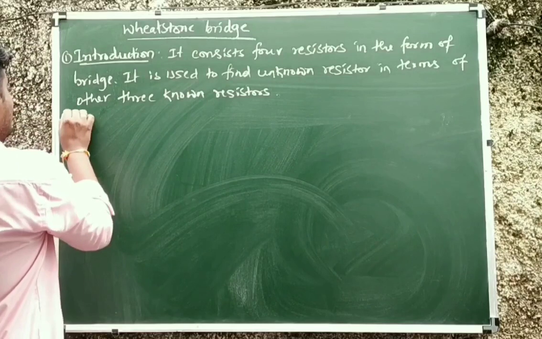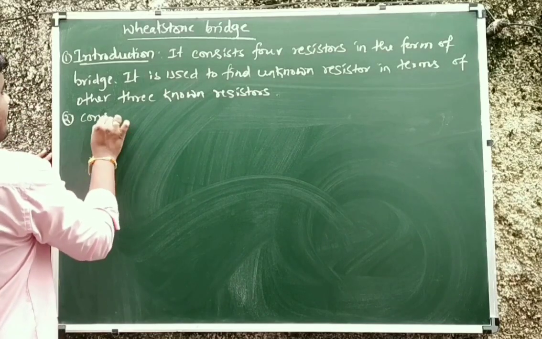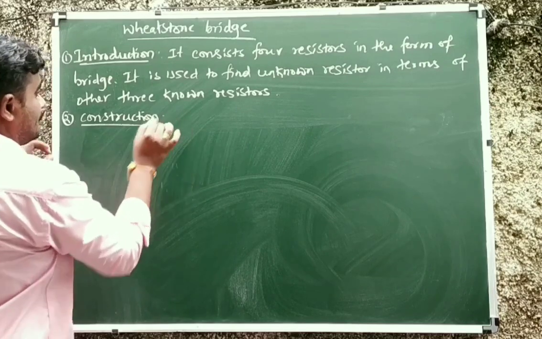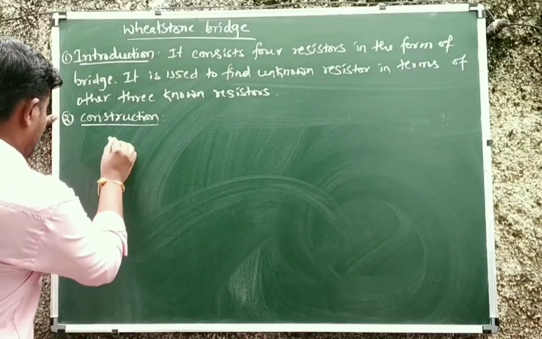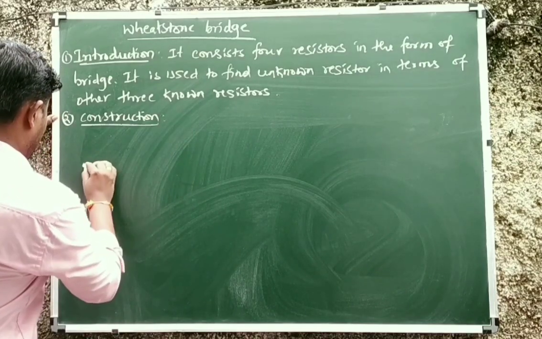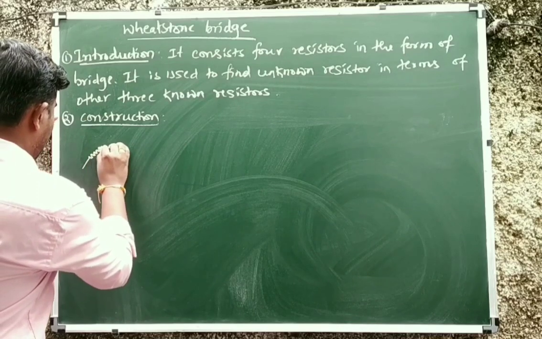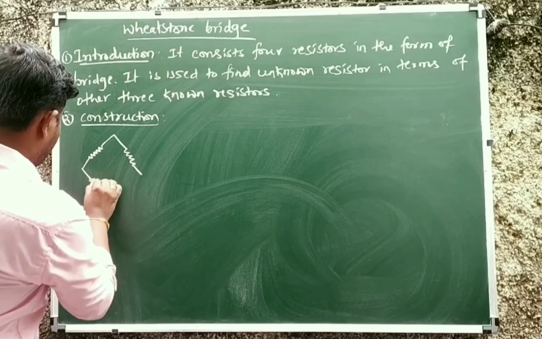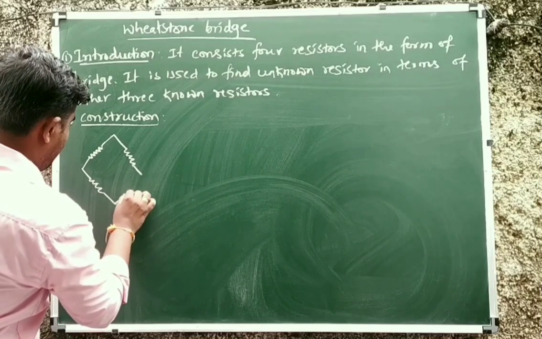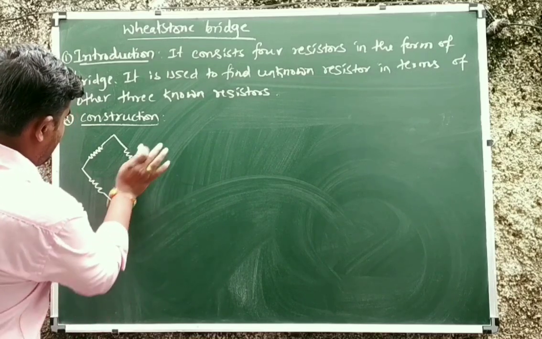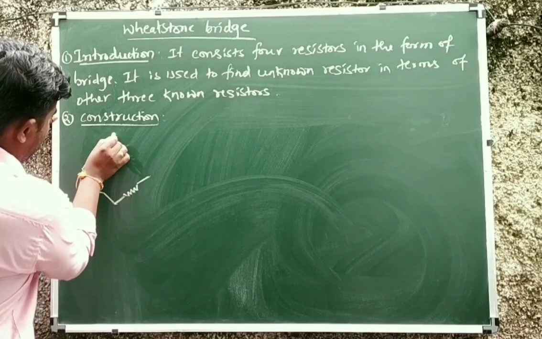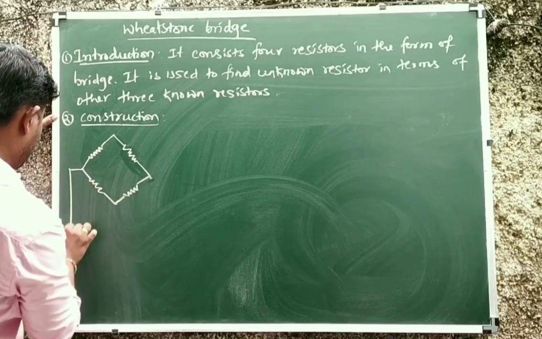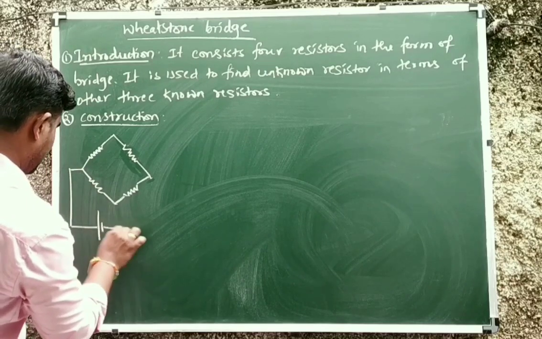And second one, construction. See its construction. It is a 4 resistor arrangement. This way, and this is a cell.